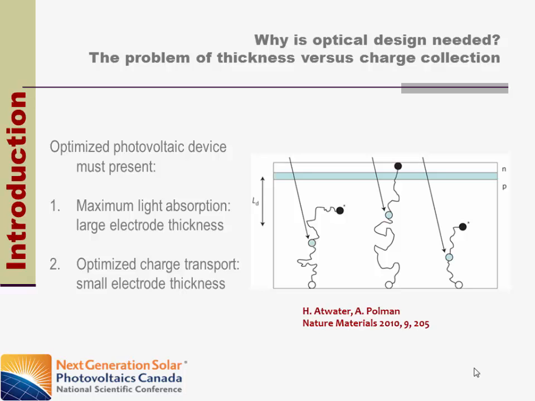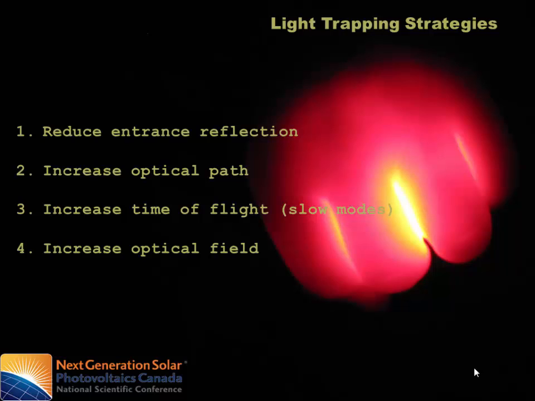If I want to have maximum absorption in the minimum thickness possible, I have to shape my material, or design my device in general, so that I get the maximum absorption in the minimum thickness possible. Right? Well, so what are the different strategies that one can follow to trap light inside your device, to harvest more light?